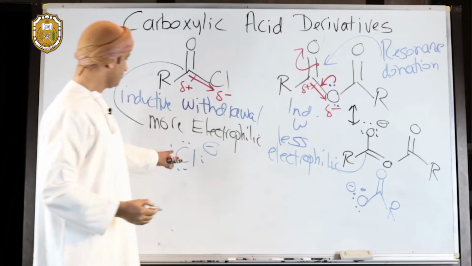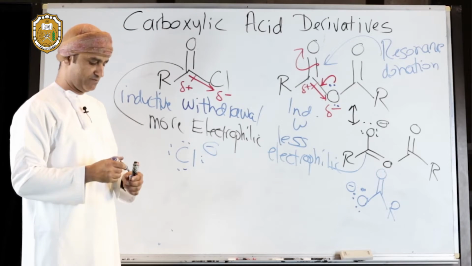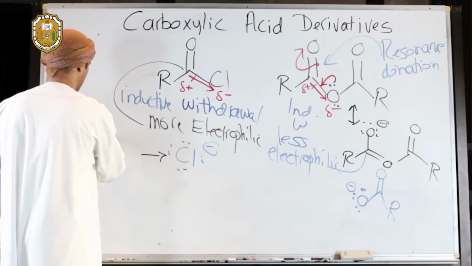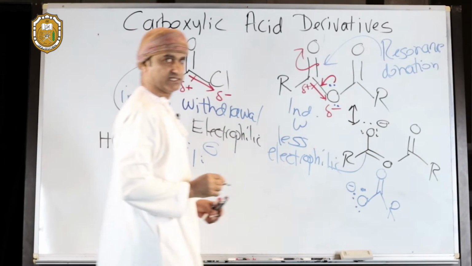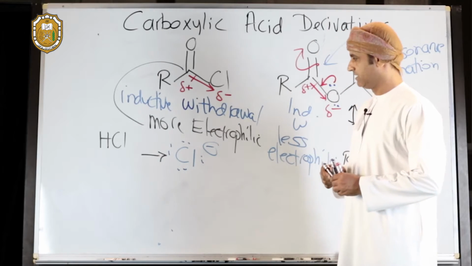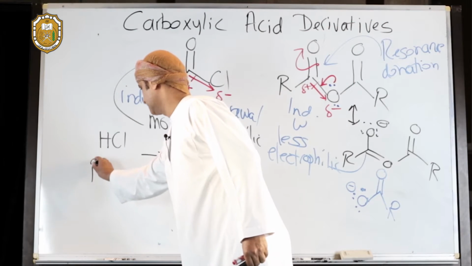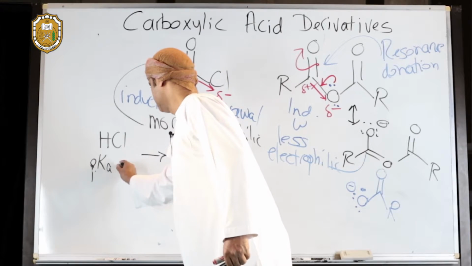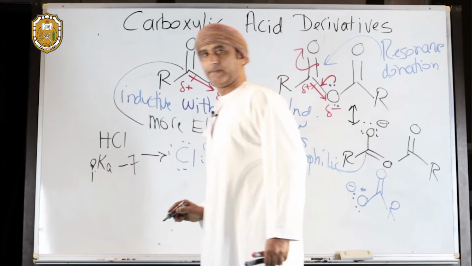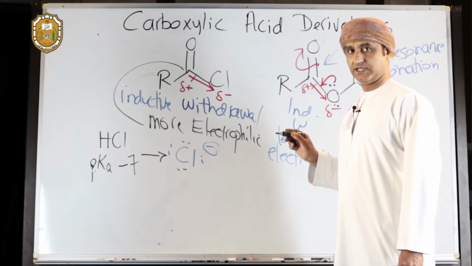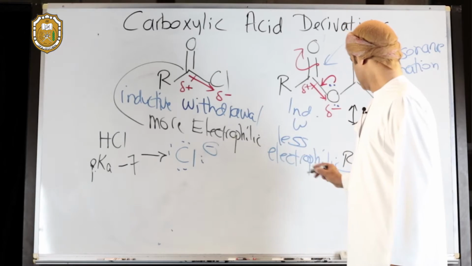Now, Cl minus comes from HCl. We can look at the acidity of the HX, or the halogen acid. Now, the pKa of HCl is -7, an extremely strong halogen acid.